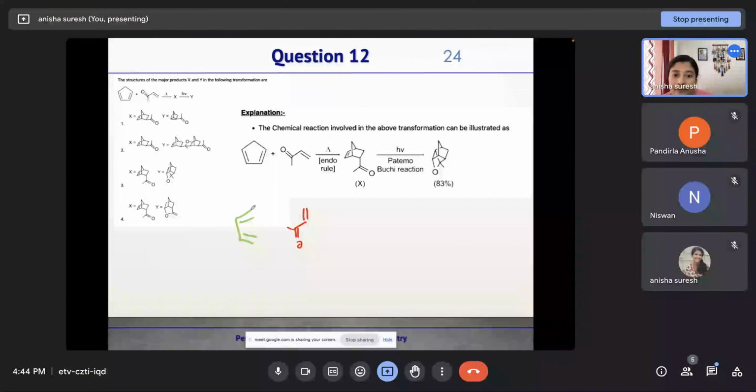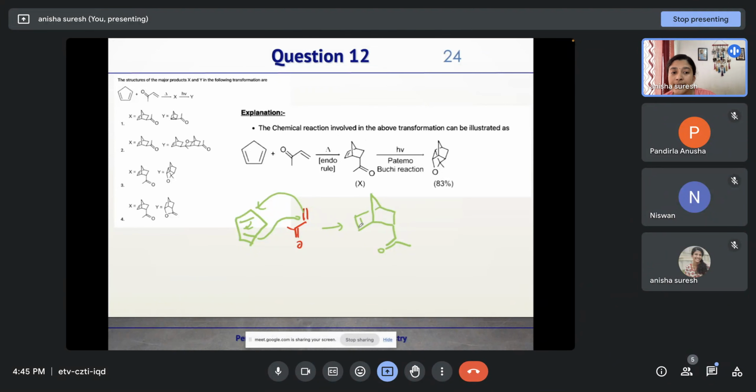This is our diene. This is the dienophile. And we will get this, this will go as a bridge, and here a double bond will be there, and this will be coming downside. So this is our product X.